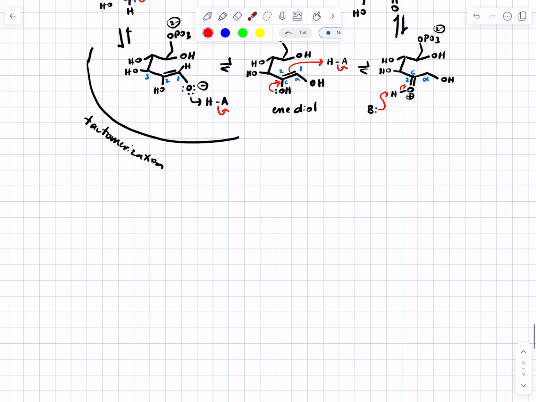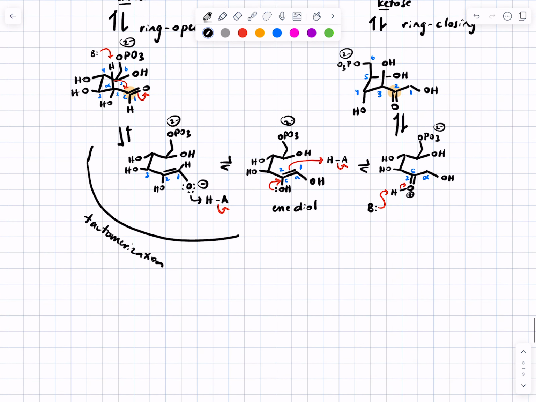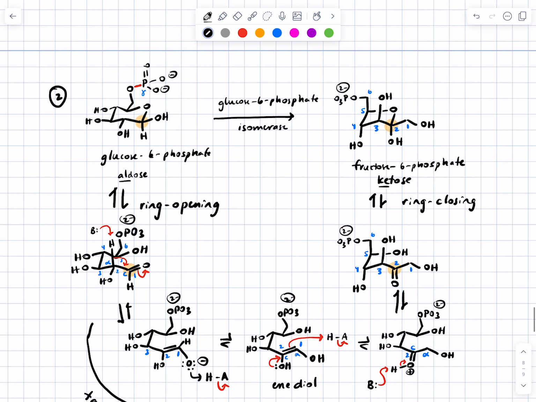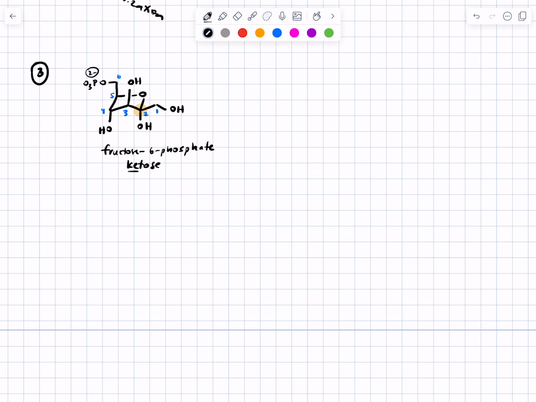So the third step, which we're not going to show you the mechanism of because it's simply a kinase step, is going to be to take fructose 6-phosphate and we're going to invest one more molecule of ATP.